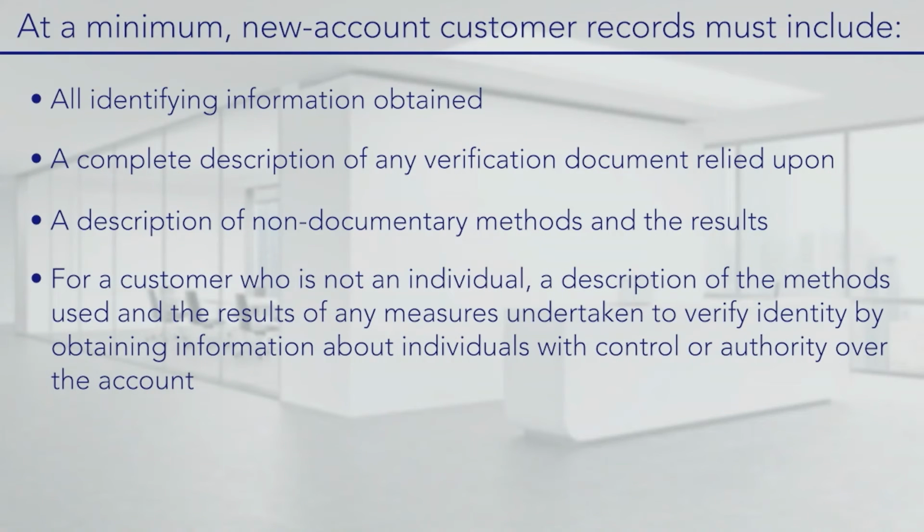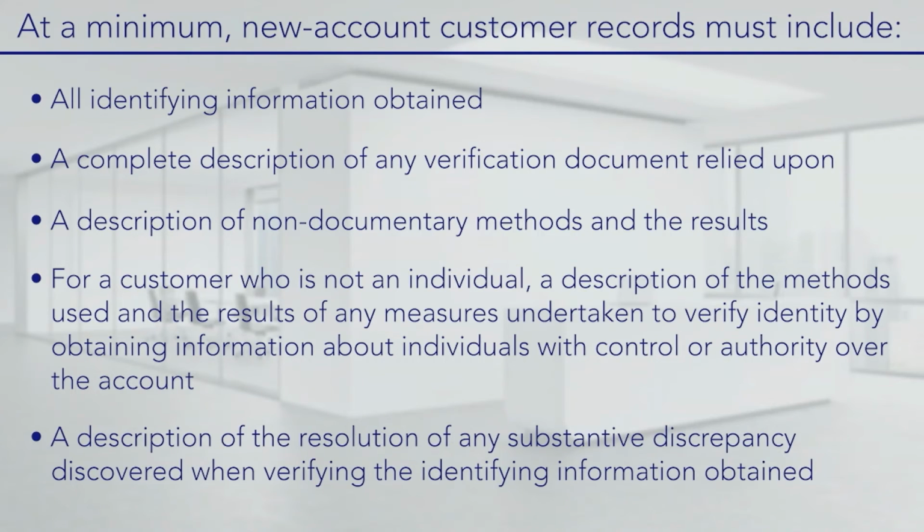For a customer who is not an individual, a description of the methods used and the results of any measures undertaken to verify identity by obtaining information about individuals with control or authority over the account, and a description of the resolution of any substantive discrepancy discovered when verifying the identifying information obtained. These records must be retained and maintained according to the CIP rule to prove you fulfilled all identification and verification requirements.